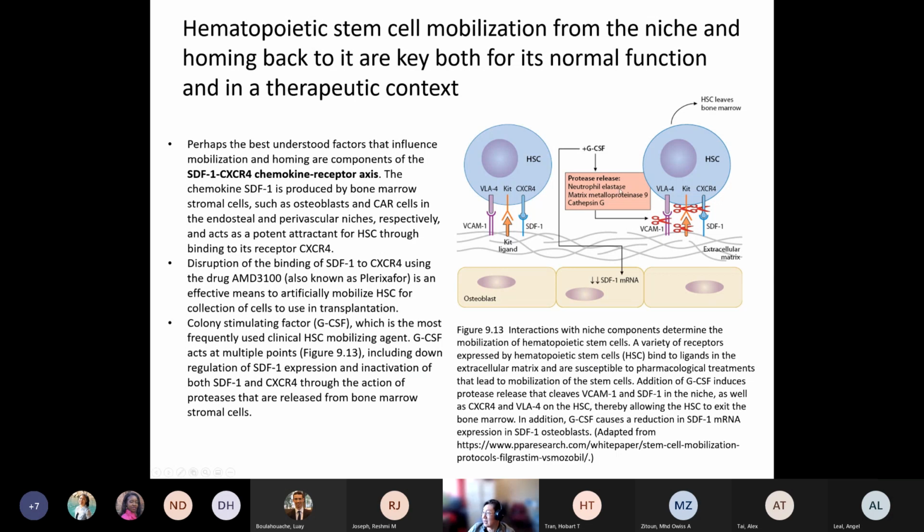So here, lastly, I just want to emphasize a little bit more about the interaction between SDF1 and CXCR4. As I mentioned, a lot of cells in the bone marrow, the non-stem cells, express SDF1 or CXCL12, the same thing. They are growth factors.